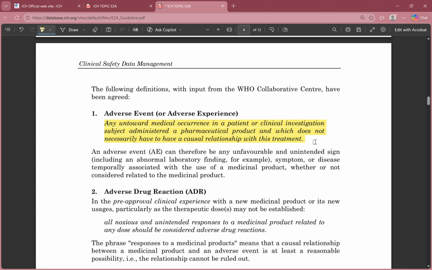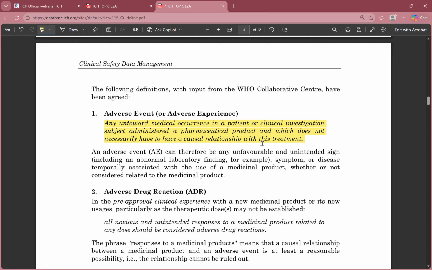So any unwanted medical problem that happens in a person, in a patient, in a clinical investigation subject. The clinical investigation subject is someone who is used as a subject under the clinical trial, right? If they are administered the pharmaceutical product, then any kind of untoward medical occurrence is the adverse event.